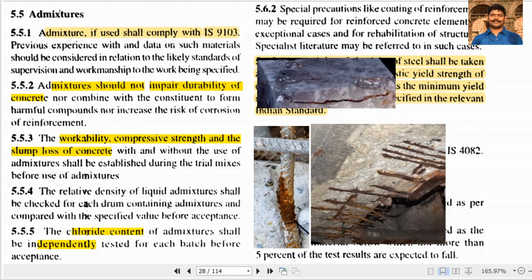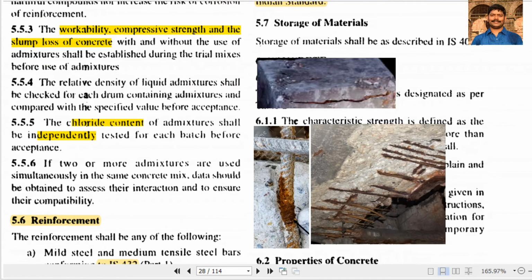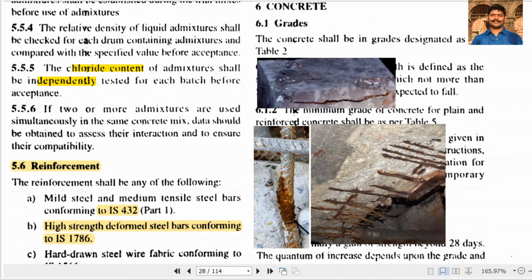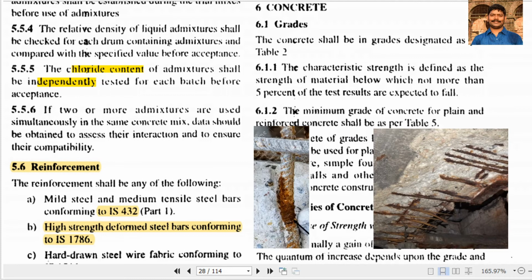Now another major component is chlorine. What happens when chlorine is present in the concrete? Again, the source of the chlorine will be water, soil, and aggregate. If the percentage of chlorine is high, it reacts with the reinforcement and corrosion occurs.